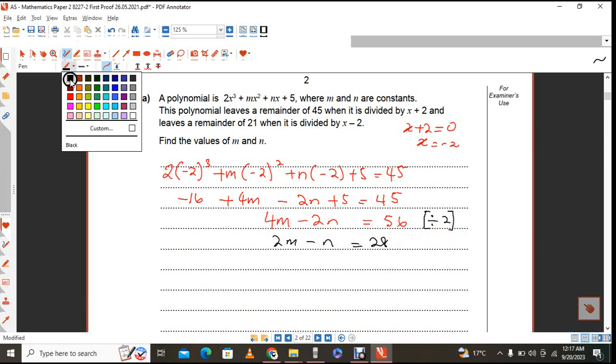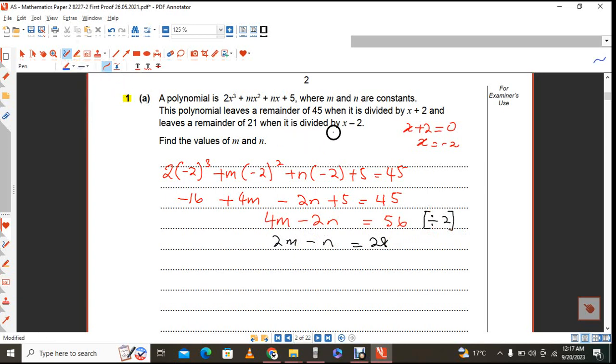Okay. Then the other condition is if it's divided by x minus 2, it leaves a remainder of 21. That means then 2, and you have 2 cubed plus m times 2 squared plus n times 2 plus 5 leaves a remainder of 21.